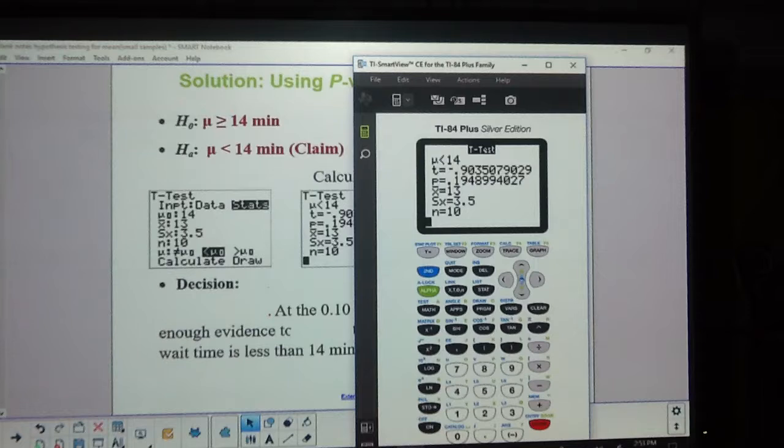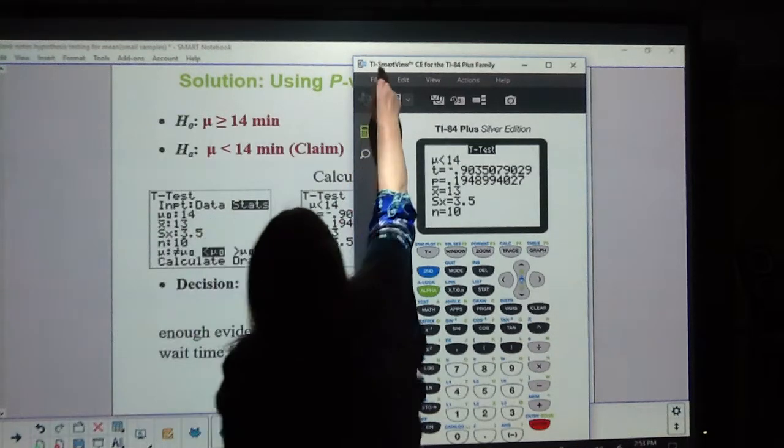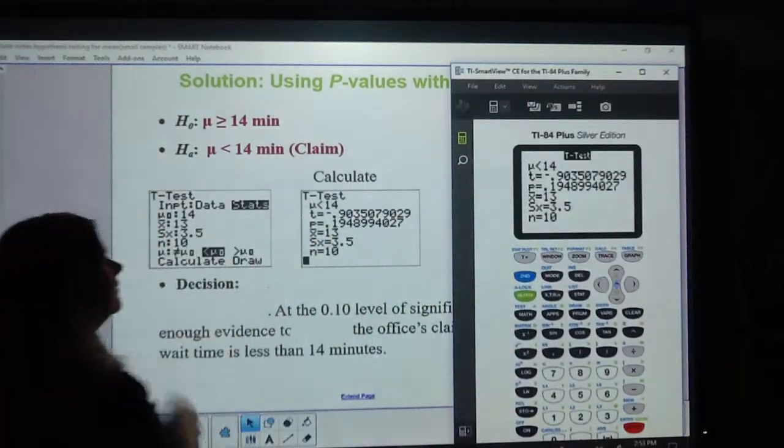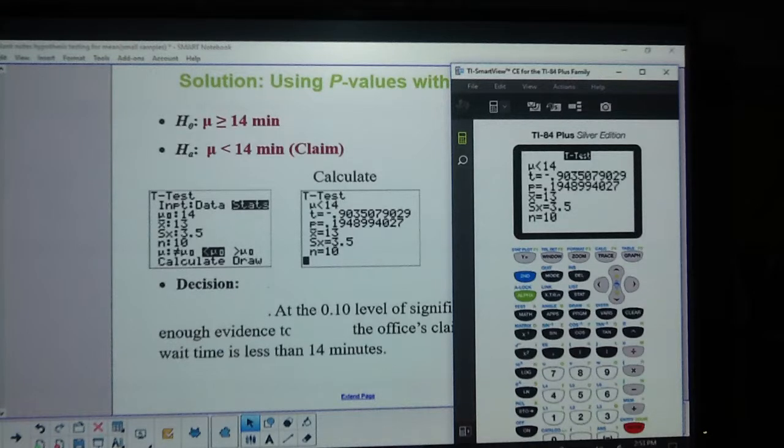We also have the p-value, okay? On this, I don't care if you use t-value or p-value, but here's what I have there.